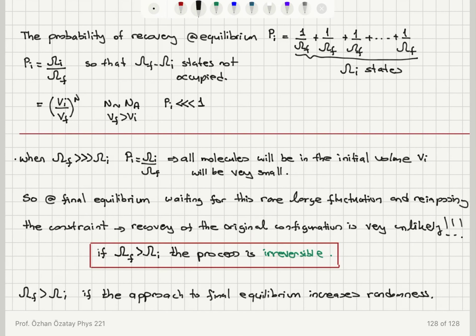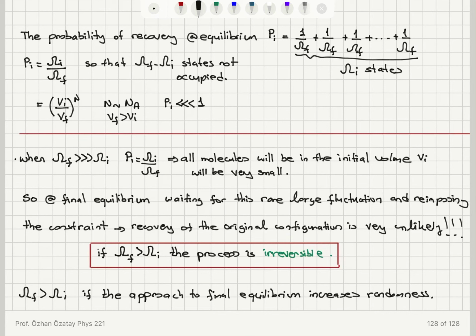So at this point, when we reach the final equilibrium, I ask myself, what is the probability of recovery? What is the probability of having all the molecules in the initial volume? So for each accessible state, each configuration where I have all the molecules in the initial volume, I have 1 over omega final probability, and so first configuration or second configuration and so on, omega I possible configurations to have all molecules in the initial volume.